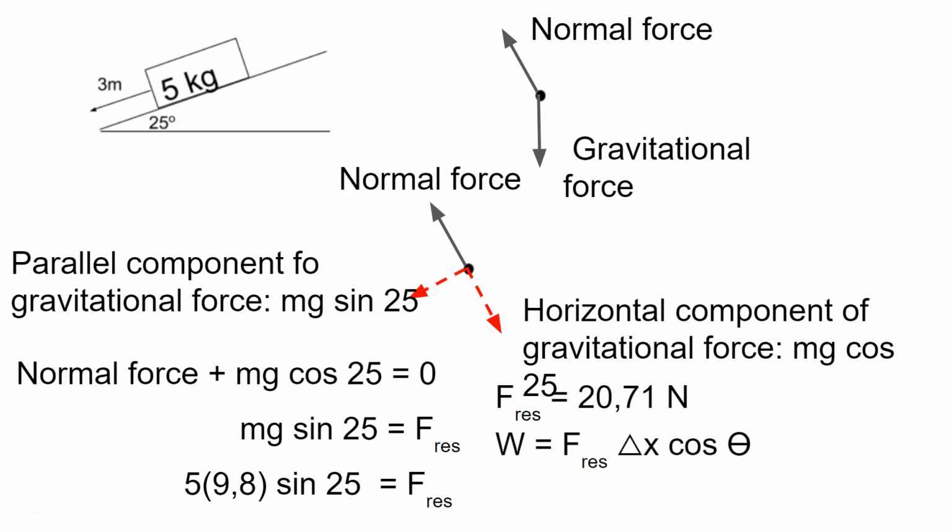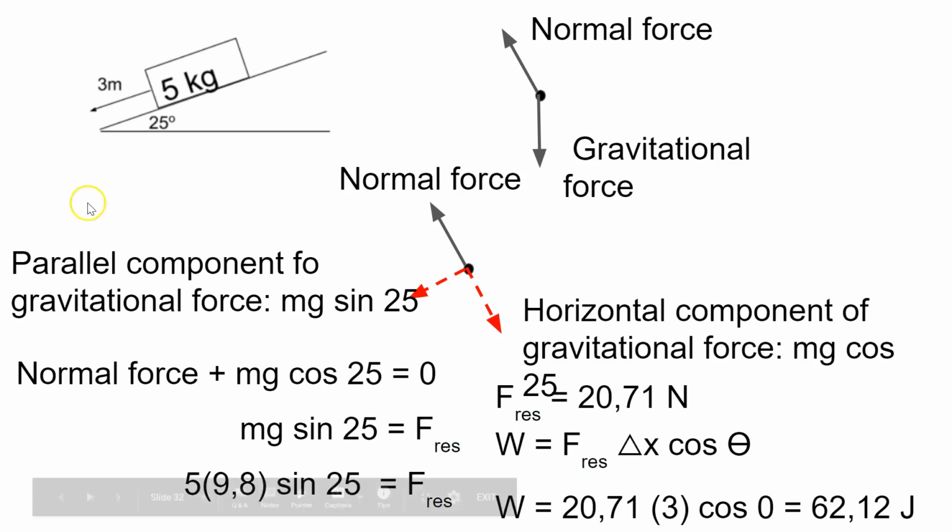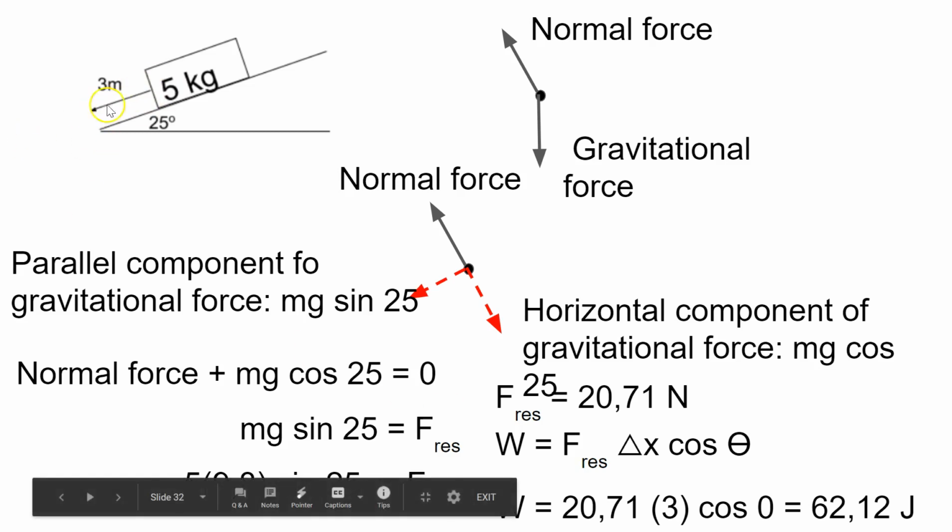If I substitute this value into my equation, then I get the work done is 20.71 times 3, which is the distance that this one is moving, or delta x, cos of the angle between the direction that this thing is moving and the force.